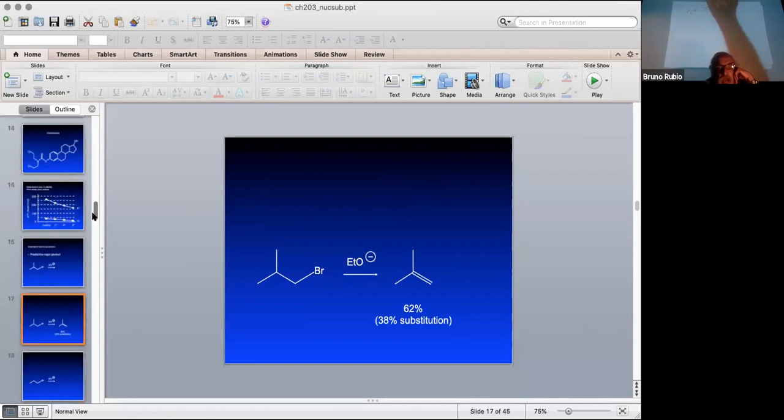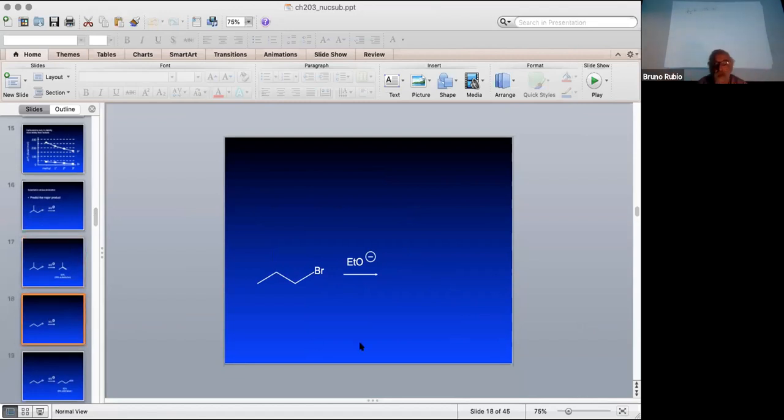So are you seeing how to use that flow chart, right? Okay, let's try another one. So once again, tell me in the chat, substitution or elimination? Draw the structure of the major product.